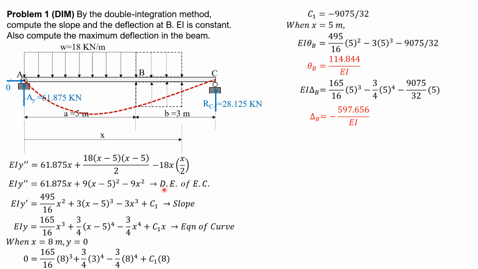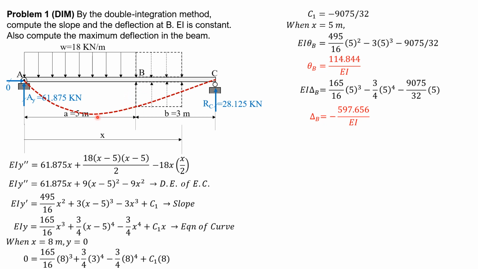Since for maximum deflection the slope is 0, we use this equation for slope and set it to 0, and we ignore the term (x minus 5) cubed here because we anticipate that the value of x where the slope is 0 is less than 5. Remember the slope at B is positive, so it is inclined upward like this.